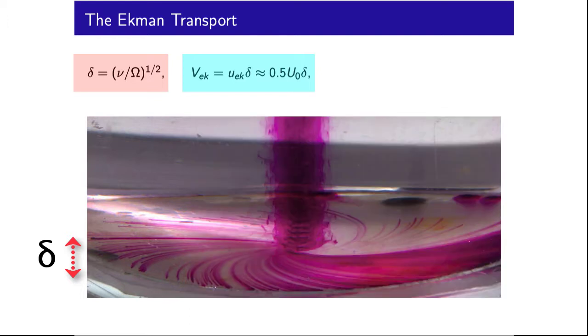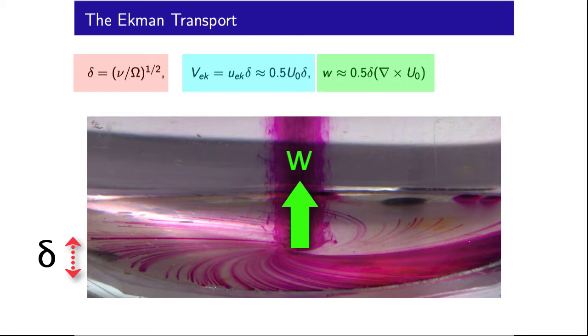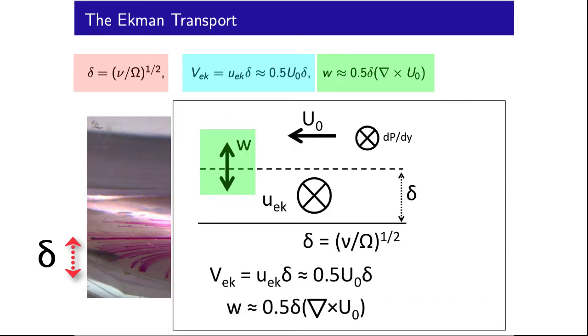By continuity, this horizontal divergence must be accommodated by a vertical flow, W, into or out of the Ekman layer. Now, it's not hard to see that this W is going to be related to the thickness of the Ekman layer, delta, and the structure of the geostrophic flow, specifically its curl, as W approximates to delta times the curl of the geostrophic flow.